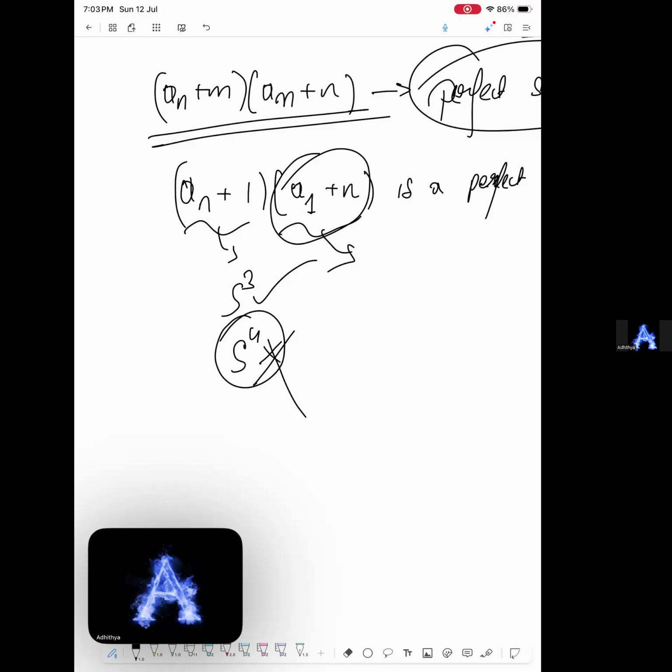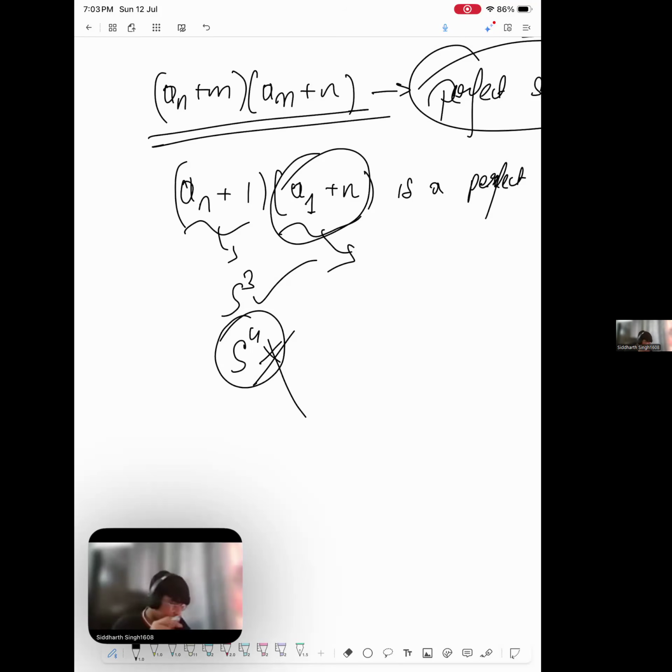So it shouldn't be a multiple of 5. That's one thing. That's the entire thing we are going to require in this problem. This is the key intuition which was required to solve the problem.